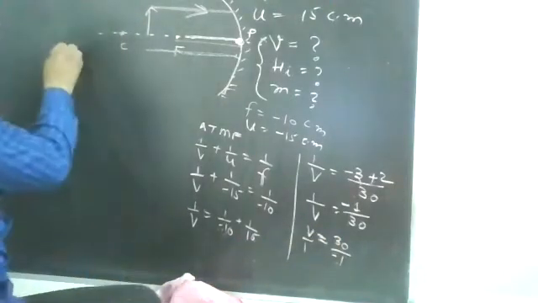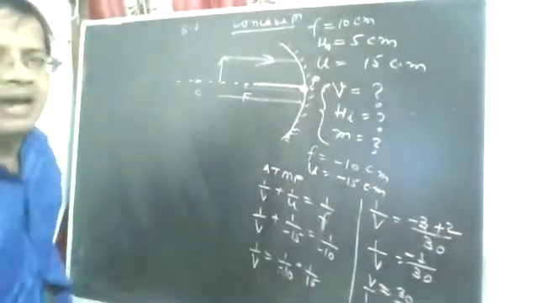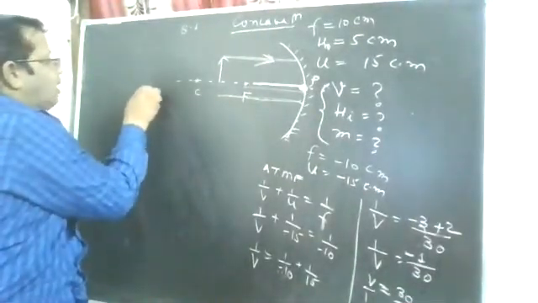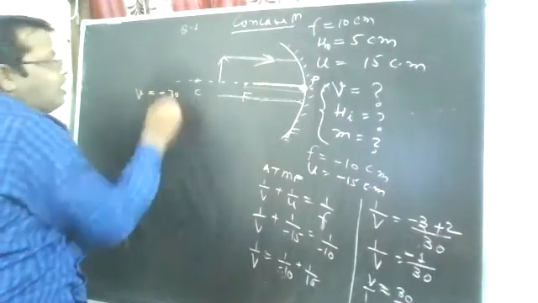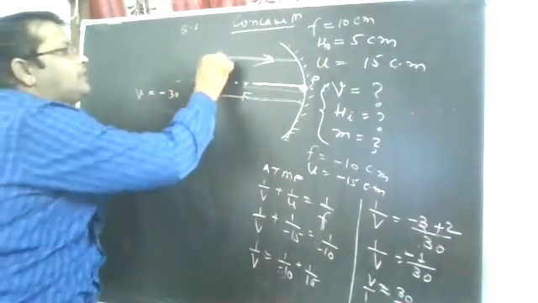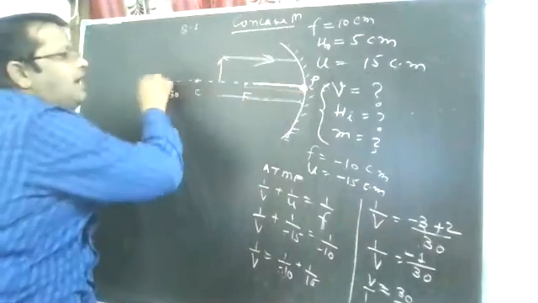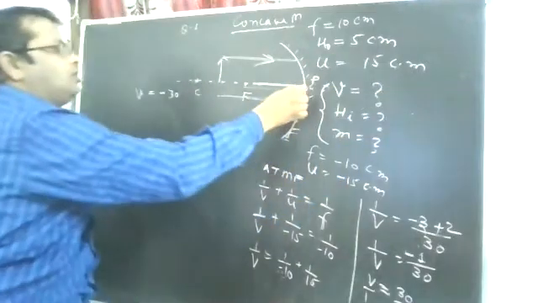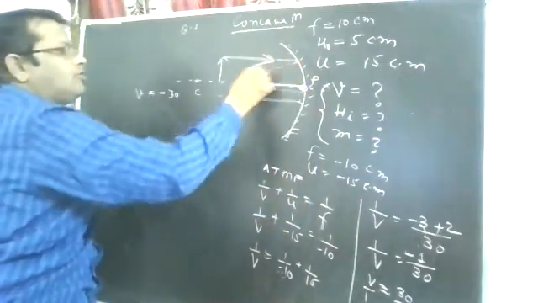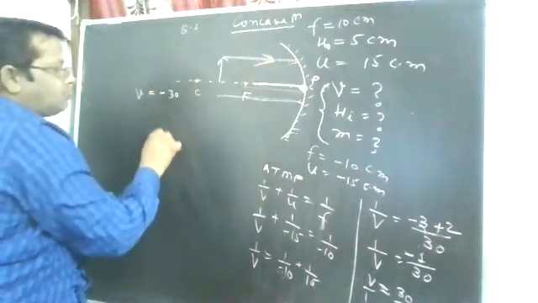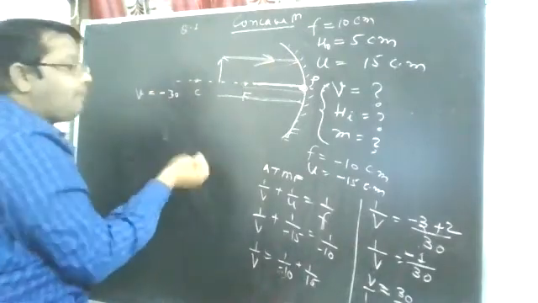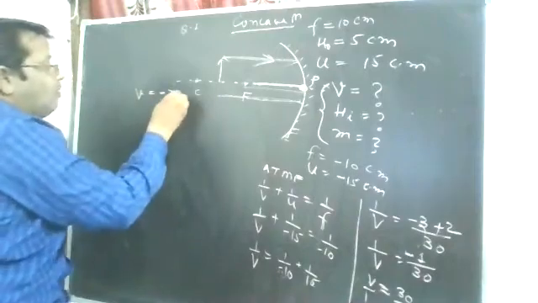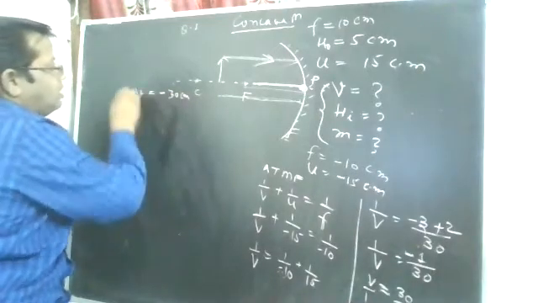So the image distance is equal to minus 30 centimeter. The first term we have determined. It means that if the object is here, minus is this side and plus is this side, with the pole as the origin. So the image will be formed somewhere like this, and it will be magnified.